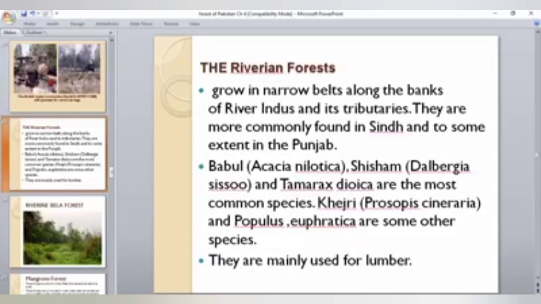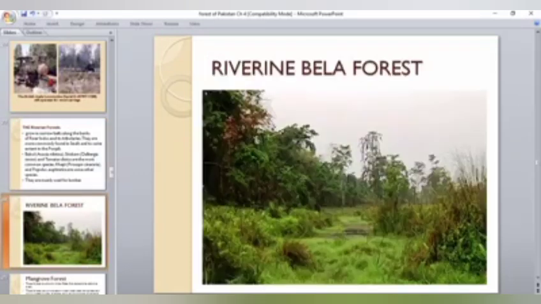Hijri, Populus, and Euphrates are some other species as well. They are mainly used for timber. This is the picture of riverine or Bela forest.